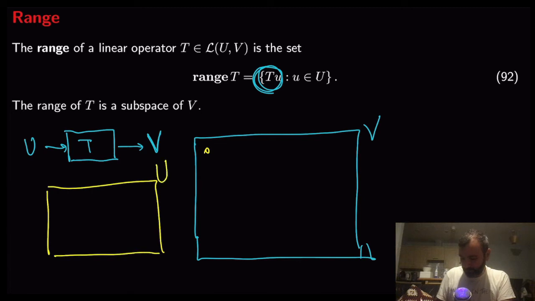This is U, and the blue one, the cyan one, is V. So I'm taking this point, and this point goes here. Now I'll take another point, this point up here goes here. I'll take another point, this point goes here. I'll take a fourth point, this point goes here. I'll do it a few more times.